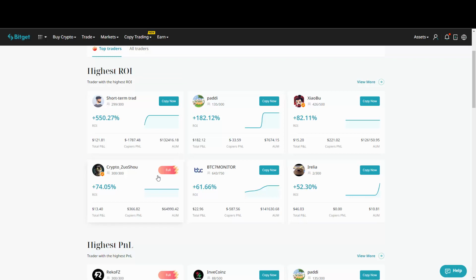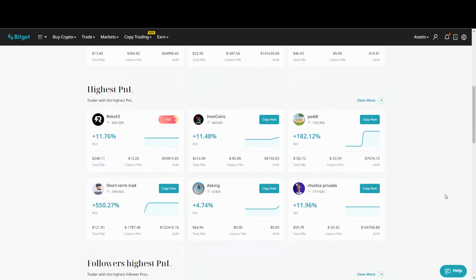For example, you can see this one says full, because this person has 300 spots and they are full. You're going to see that this one allows up to 750 people, and although this one is brand new because it has been followed by only 2 people, it's already here on the highest return of investment.